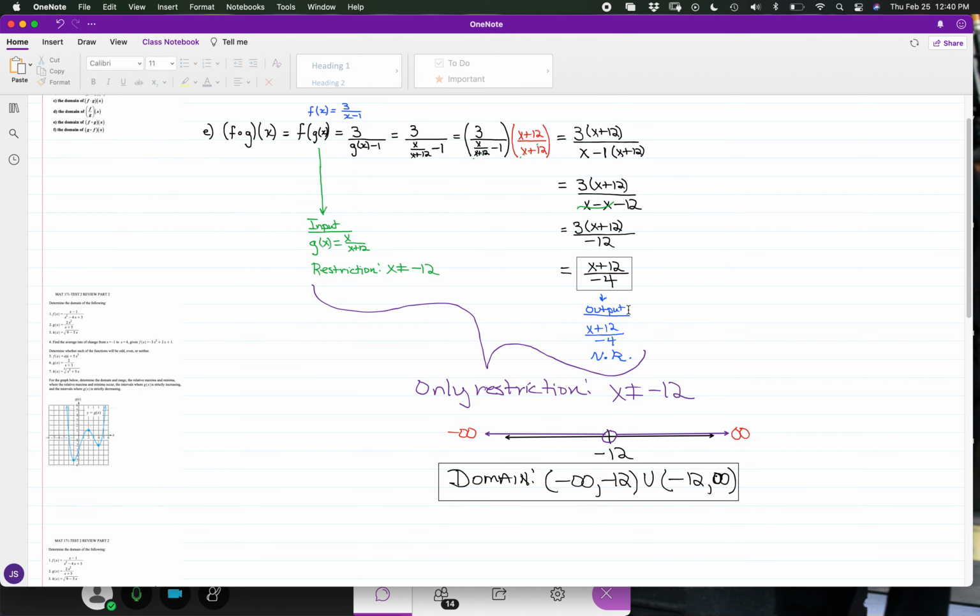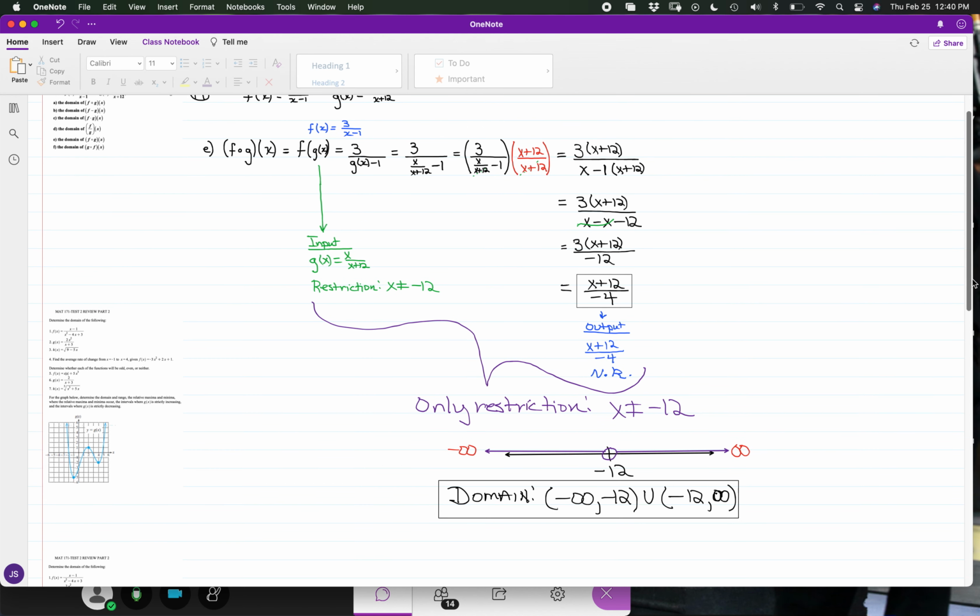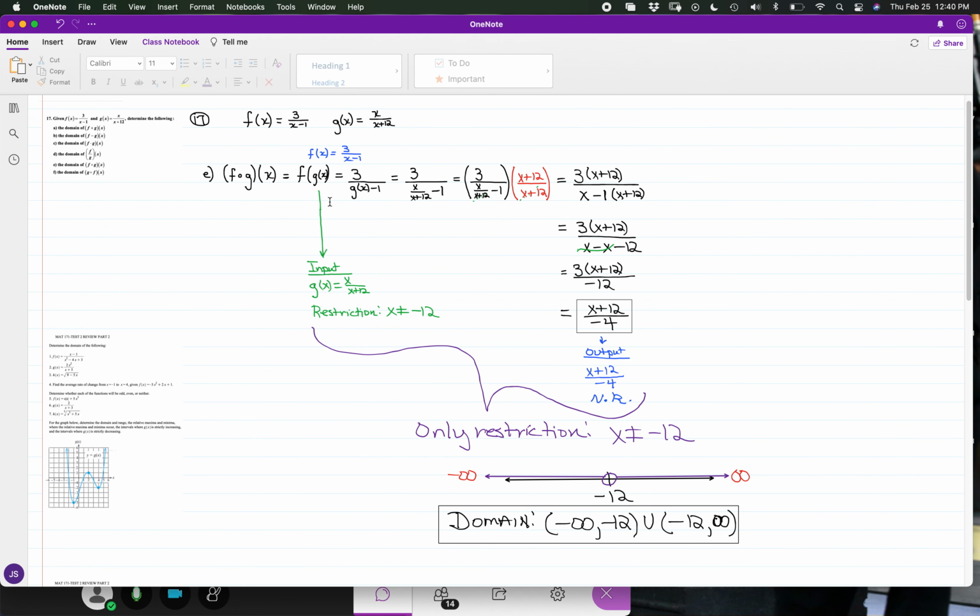All right, and then we have the remaining composition, still using the same functions. So we're looking for the domain of g composed with f of x.